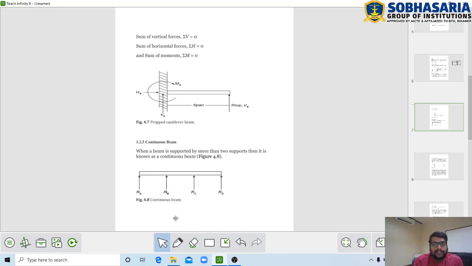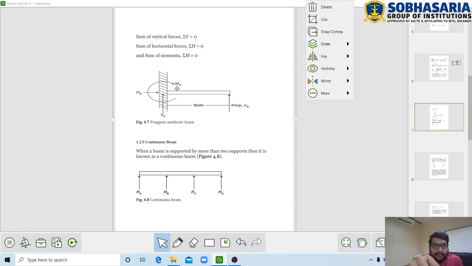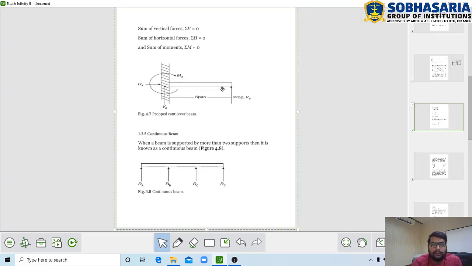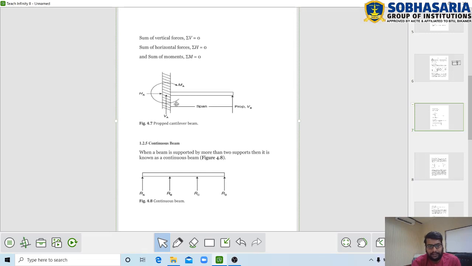Statically determinate structures are those structures where, if these three conditions are enough to find the reactions and moments in the given problem, we can say that structure is a statically determinate structure.